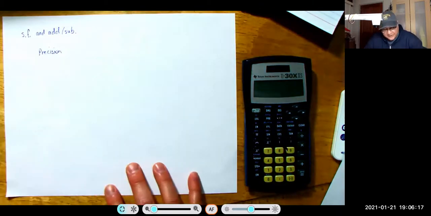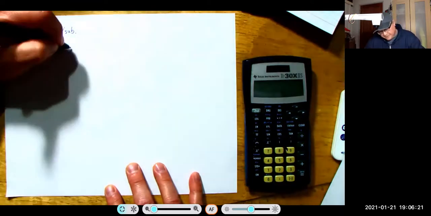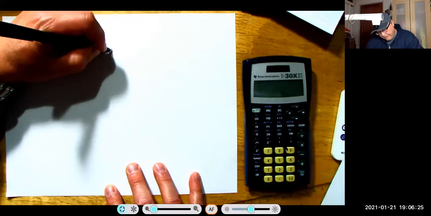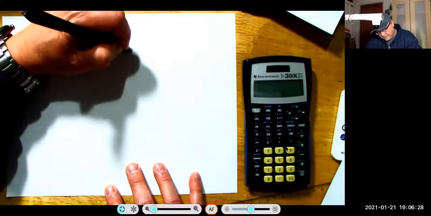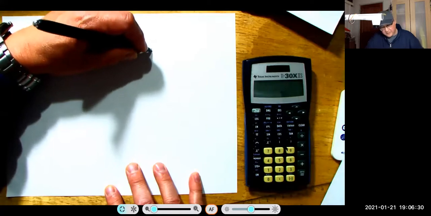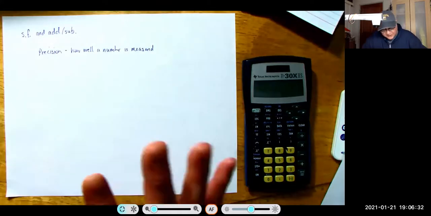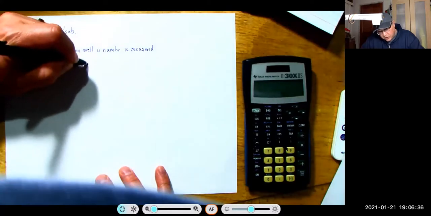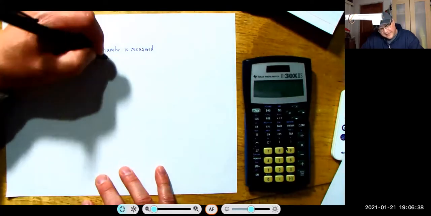Precision is how well a number is measured. There are 2 ways to look at precision. Can you do it repeatedly and get the same number?